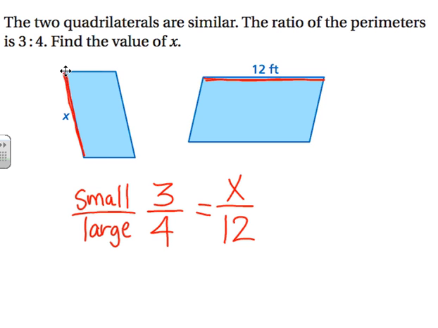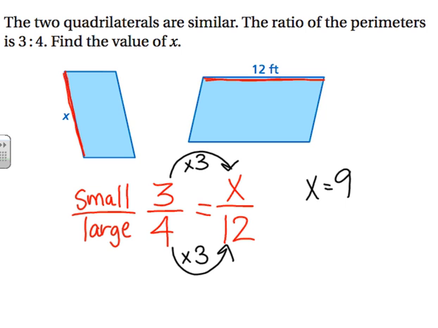Now I could use cross products like before. However, I can also just multiply 4 times 3 to get 12. So I'm going to do 3 times 3 to get my value of x. So x equals 9. And we do have units, so we're going to add feet to make our final answer x equals 9 feet.